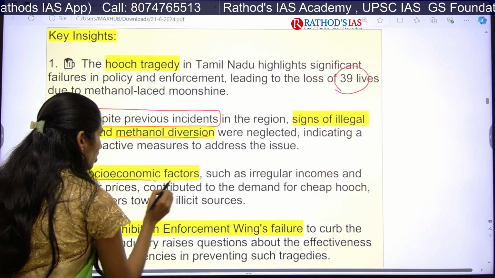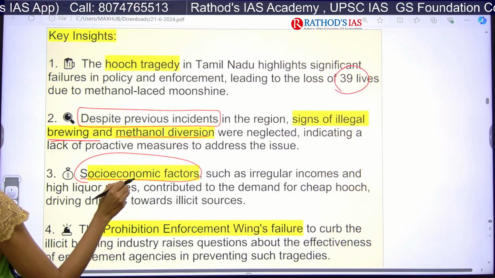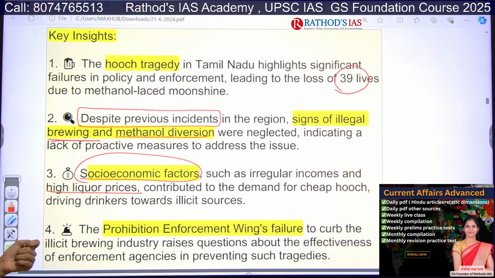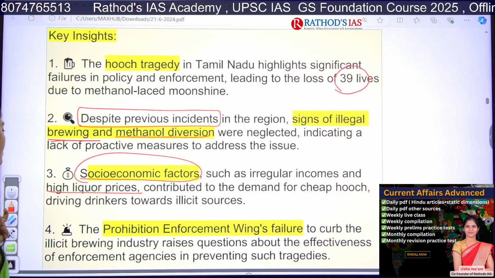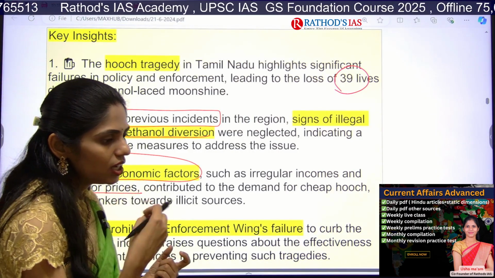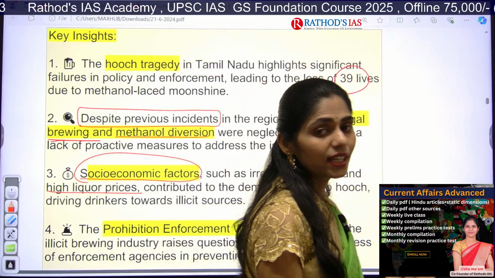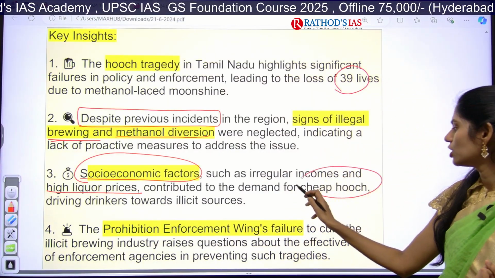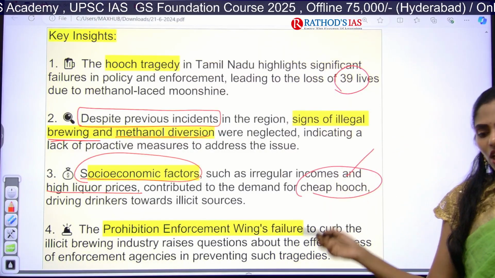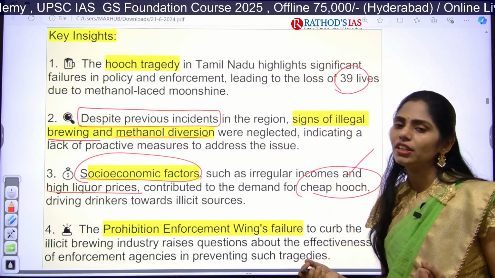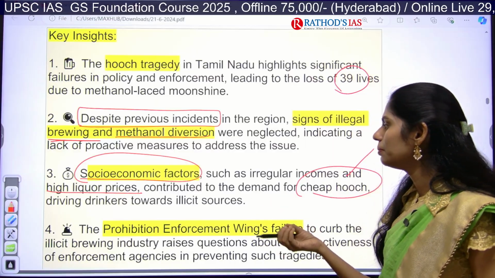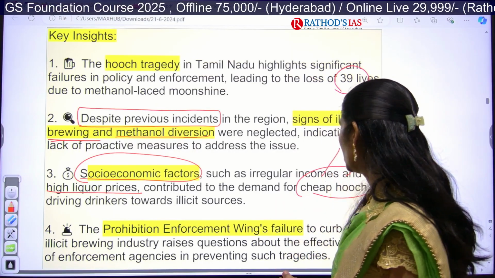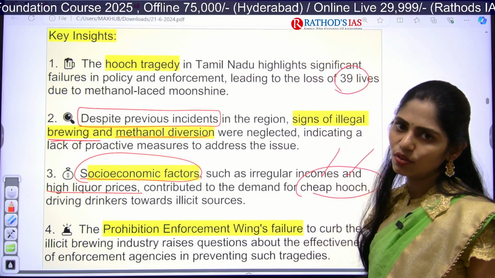There are also socio-economic factors like irregular income and high liquor prices, which contributed to the demand for cheap hooch. Cheap hooch is a locally made drink. Why will people go for this locally made drink? Because if they are very poor and can't afford the liquor available in wine shops, they will go for cheap hooch. That is one important reason.